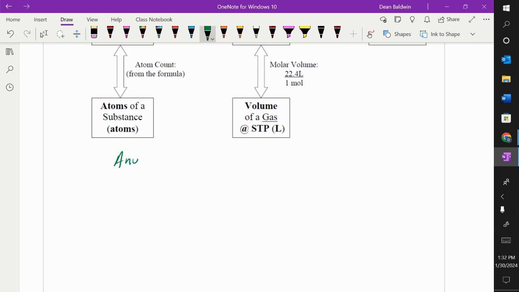A number of something in something. Does that really say something? All right. Everybody talks about this. 6.022 times 10 to the 23. Whose number is that? Avogadro's number. What are the units for Avogadro's number?